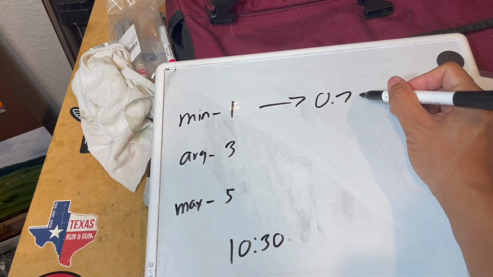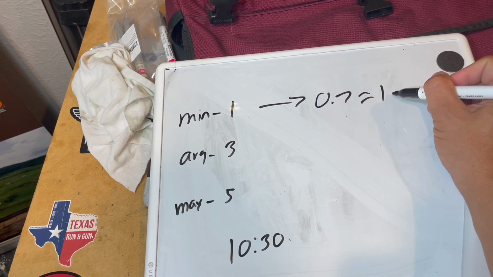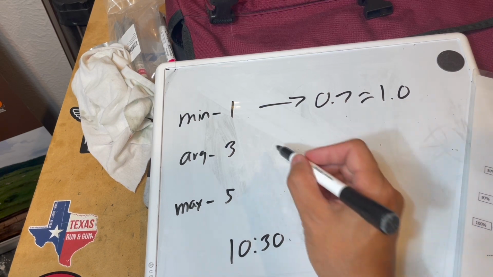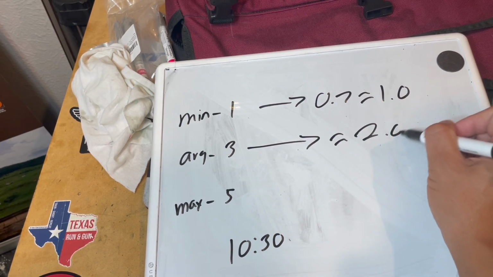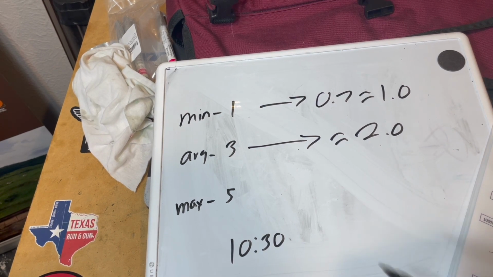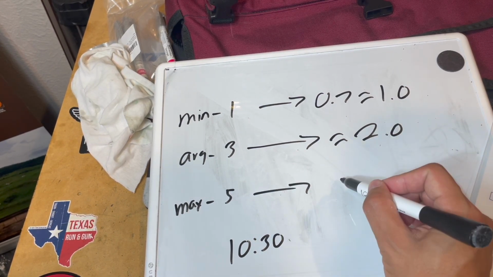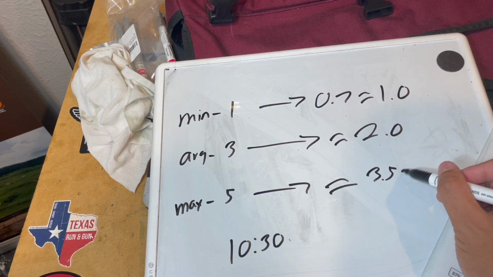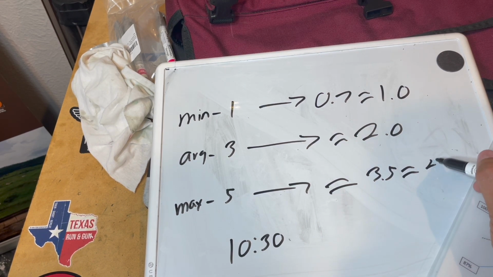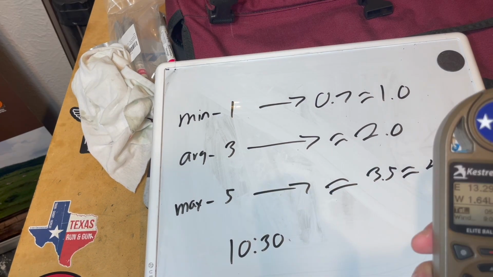So I'm just going to round that up to 1. And then this is going to be 2.0. And then this max is going to be converted to 3.5, or I'm going to round that up to 4.